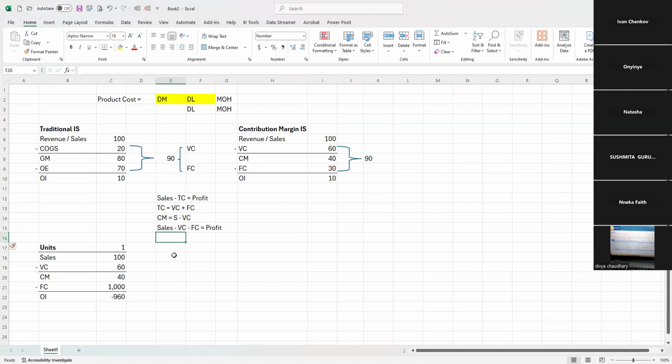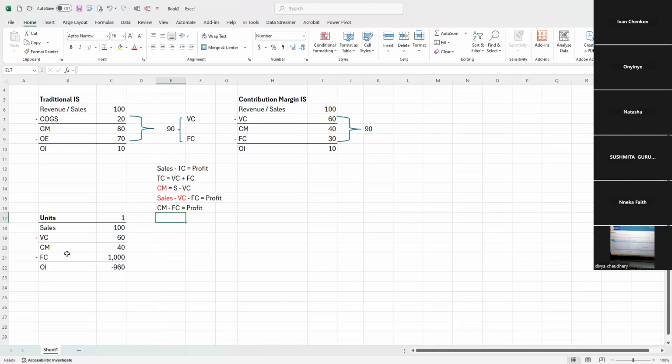Yes. So if I substitute that contribution margin into this part of the formula only, what am I going to get? Contribution margin minus the fixed cost is going to give me profit. Correct? Yes.